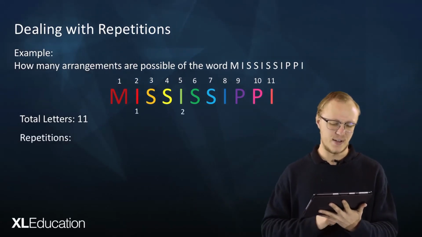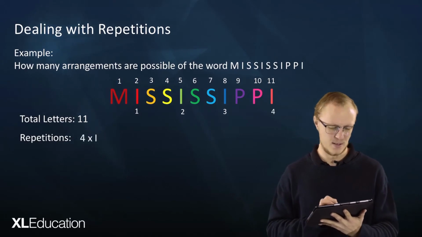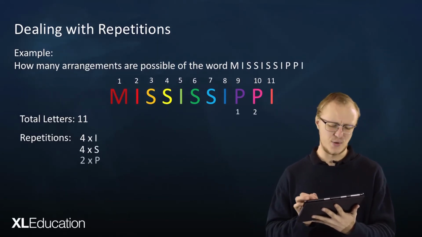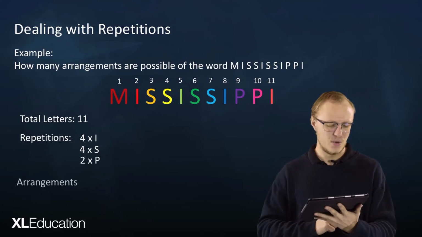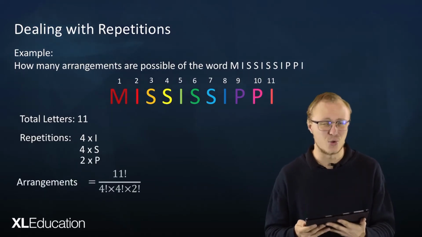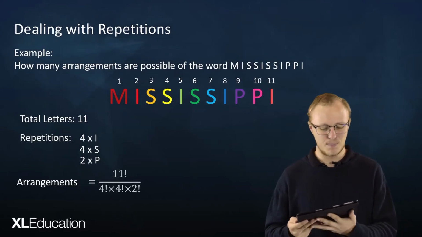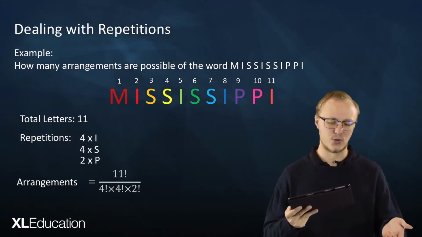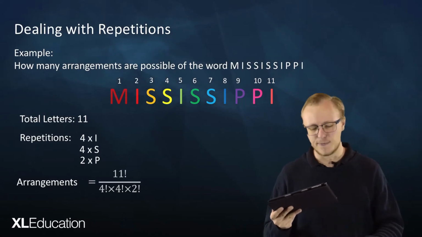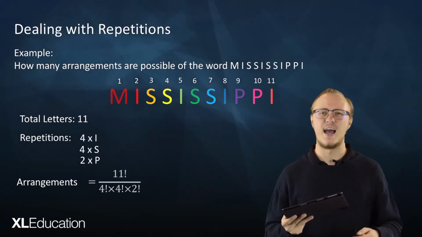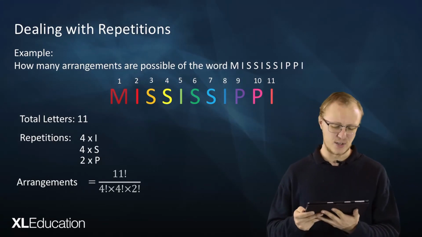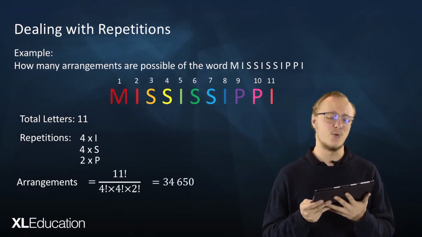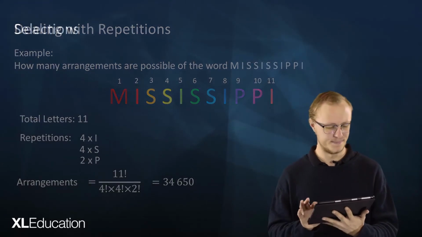So we find that there are 4 repetitions of I, then we find that there are 4 repetitions of S, and then we find that there are 2 repetitions of P. So then our arrangements is going to be 11 factorial for the total number of letters divided by 4 factorial times 4 factorial times 2 factorial, where the first 4 factorial is for the repetition of the I's, the second 4 factorial is for the repetition of the S's, and the 2 factorial is for the repetition of the P's, and we find that there are 34,650 ways in which we can arrange Mississippi.